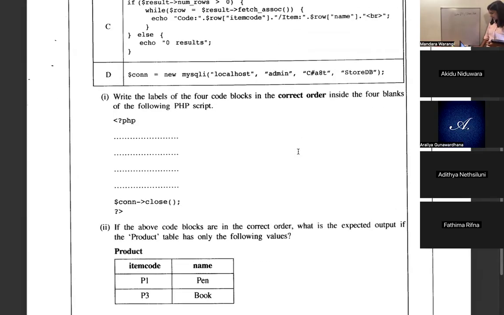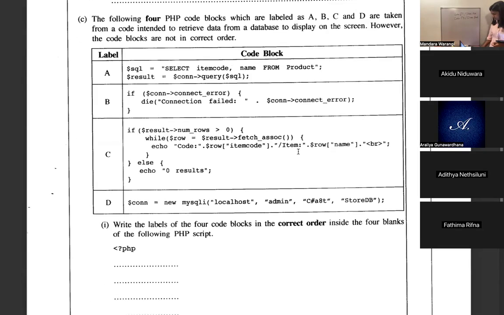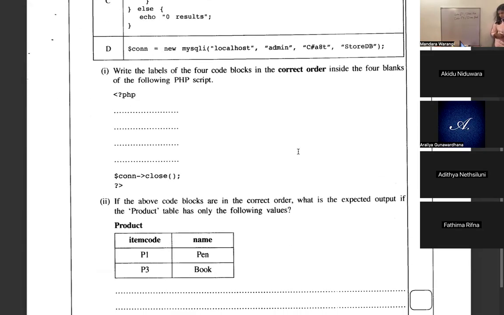Same as the second one. Second is also code P2, and P3, slash item. I think the item is book, right? Yeah. P3. Okay. So with that, I think we are done with the first question.